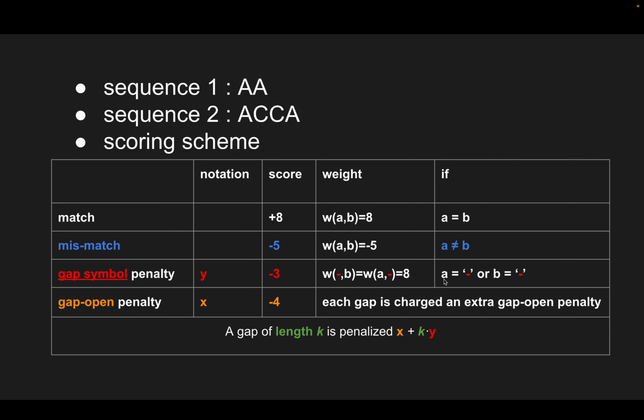So for any gap of length k, it will be penalized with the penalty of x plus k times y. Okay, x is for every gap, and since the length is k, for each character you will be penalized with y. So the total penalty is x plus k times y.